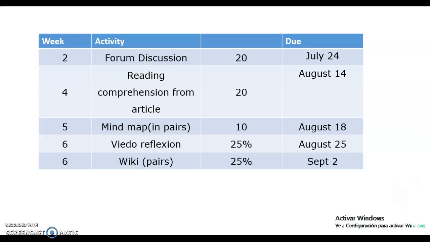So during week 2, you will be engaged in a forum discussion that you will start posting on July 24th. And in week 4, there's going to be a reading comprehension activity from one of the articles I'll be sharing with you. We will have a mind map, a video reflection in a wiki.